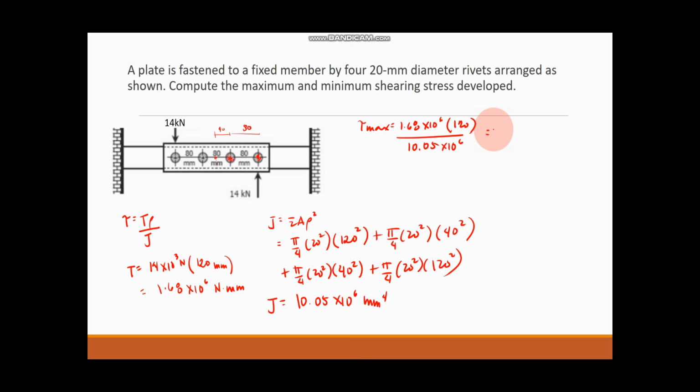So it is equal to 20.06 Newton per square millimeter or megapascal, and then the minimum shearing stress is equal to 6.69 Newton per square millimeter.